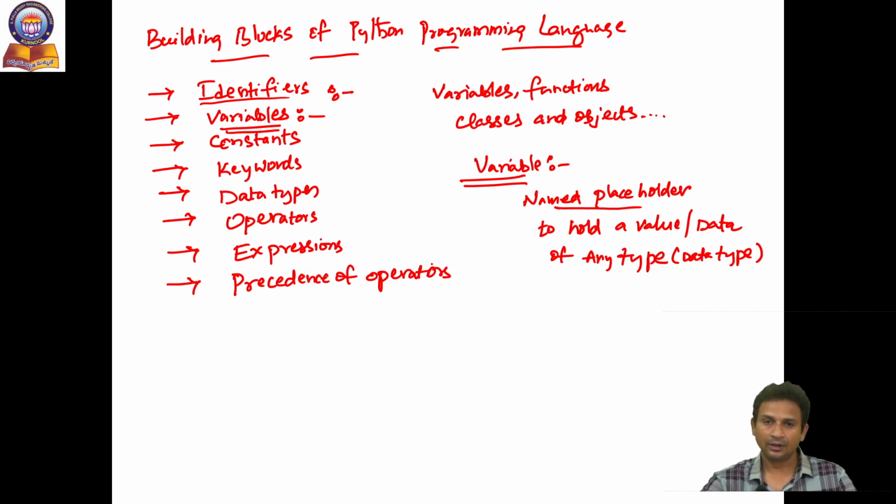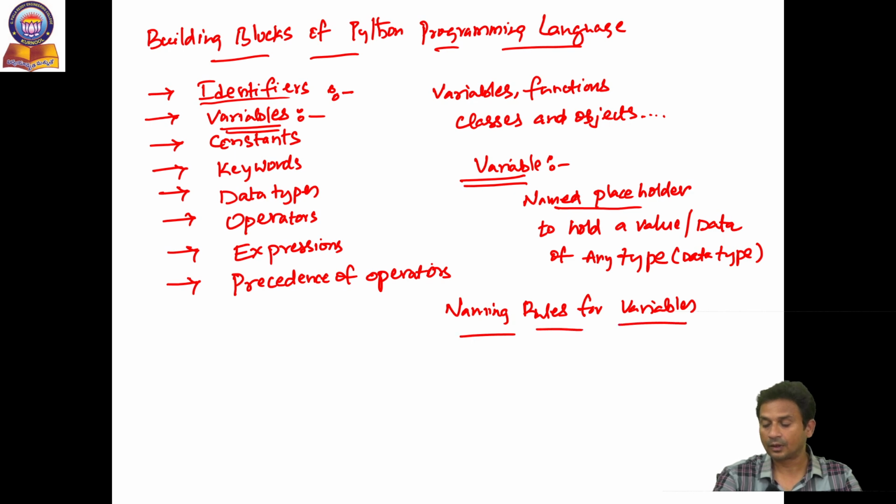Right. So in order to give names to the variables, we need to follow certain rules. Okay, the naming convention or naming rules for variables. So in general, the variable name is a combination of upper and lowercase alphabets and digits.